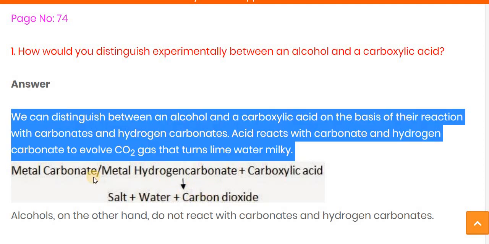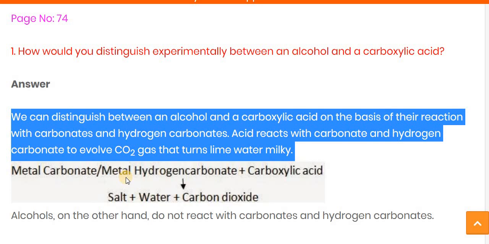Why? Because the reaction between the metal carbonate, or the metal hydrogen carbonate, and the carboxylic acid gives the salt, water, and along with that carbon dioxide. How can we know that carbon dioxide is generated? Because if carbon dioxide is present, it turns the lime water milky.